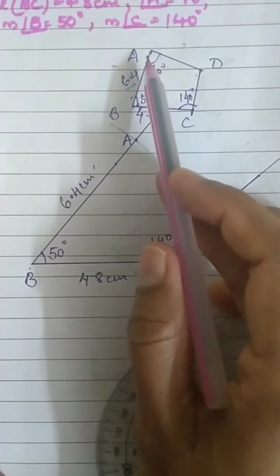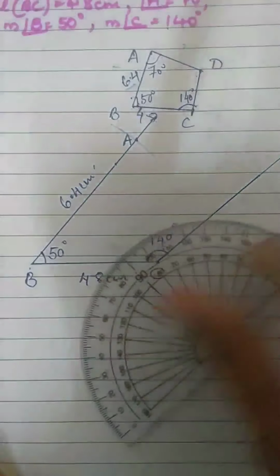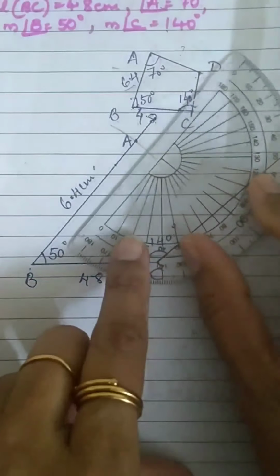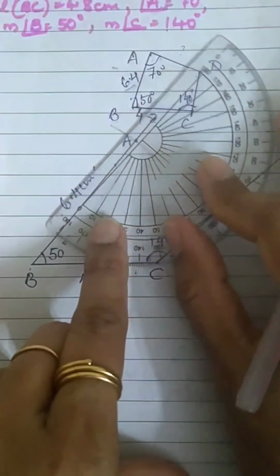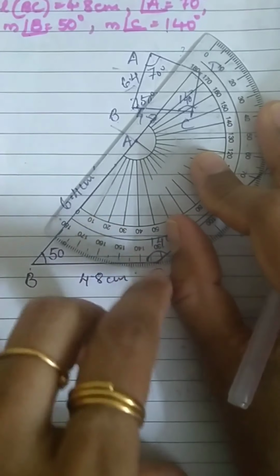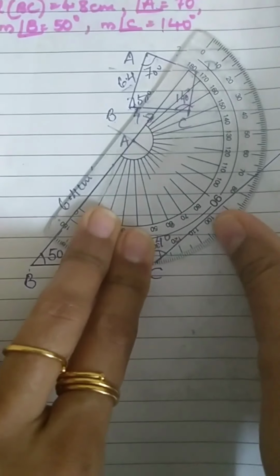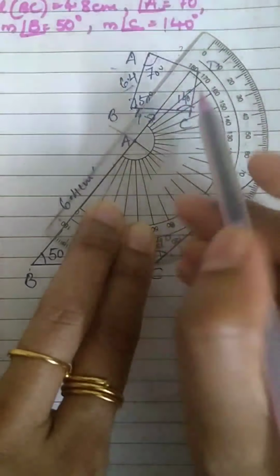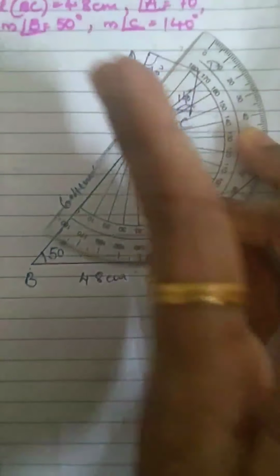Now from A, what will you take? 70 degree. So keep your protractor on A carefully, with the base this way. Or if you want, you can tilt the book and take. Now angle A is how much? 70 degree. That means acute angle. So the mouth will be this side.